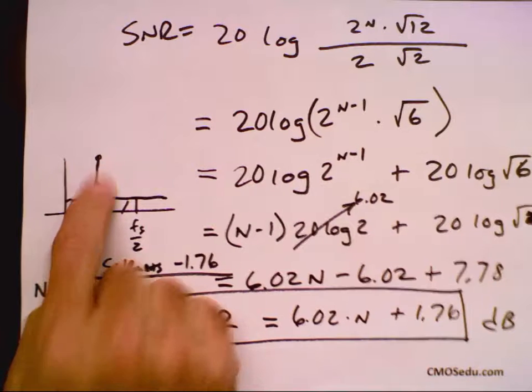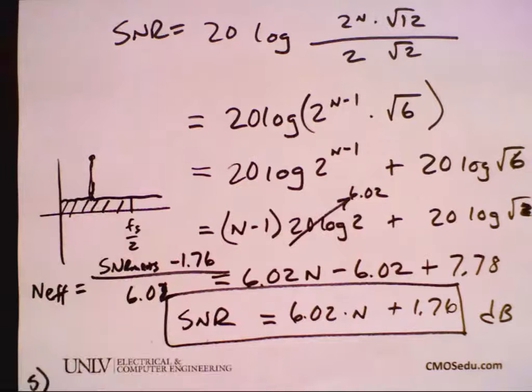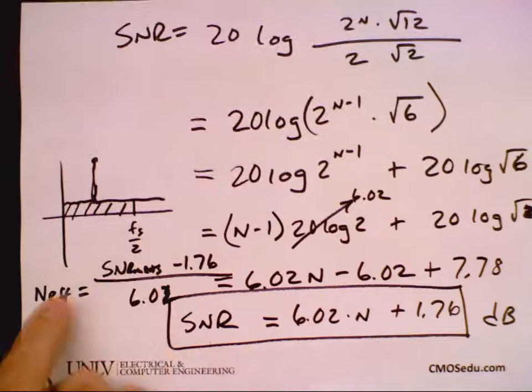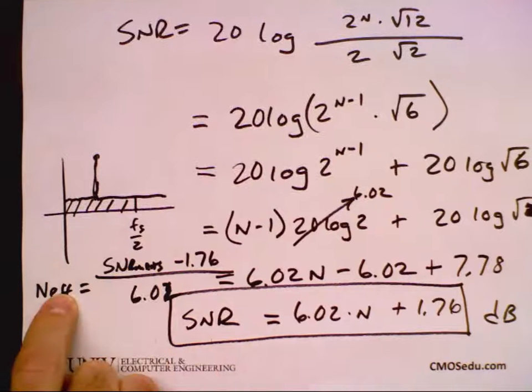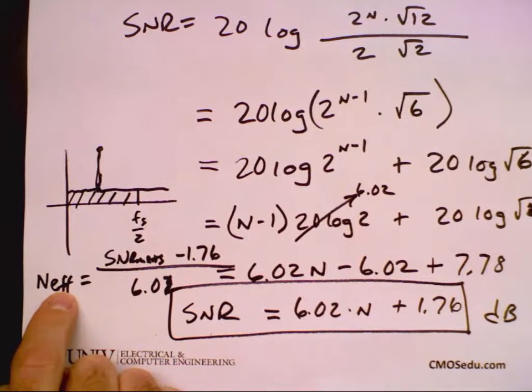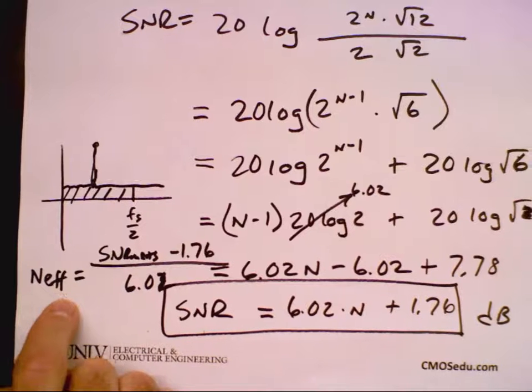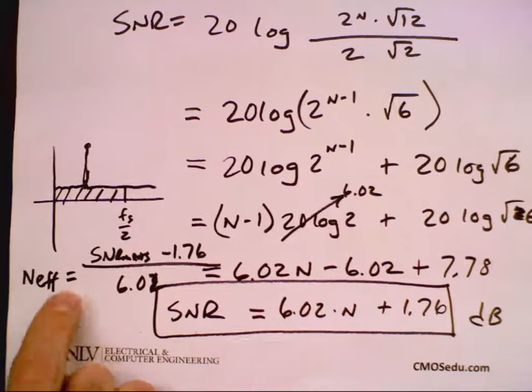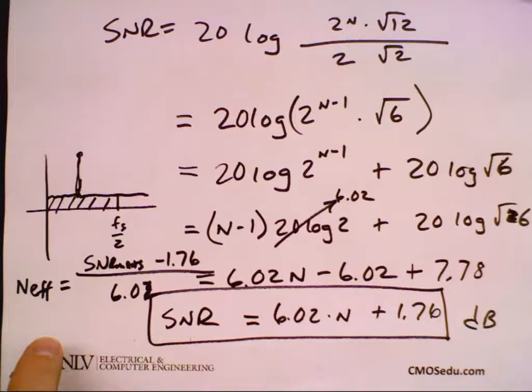That's what you put in, and then you've got the power of the noise, and that gives you the measured SNR. Then you plug it in here and it gives you the effective number of bits. Okay, any questions? Very important, used quite a bit in the real world.